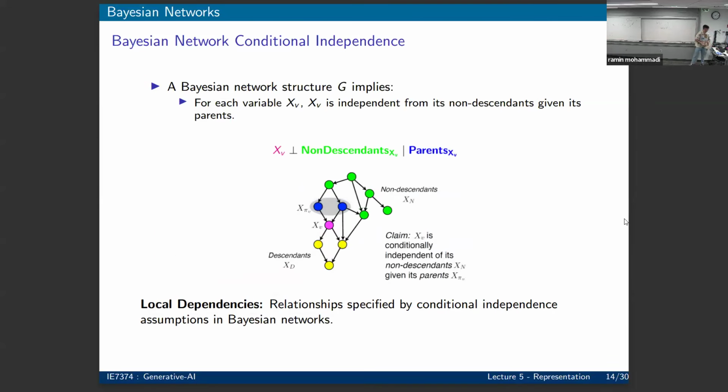So this is an example of a Bayes net. Here these are the nodes that you have. The arrows indicate the order and the dependency. If you are looking at the pink one here, it's independent of the greens given the parents, right?